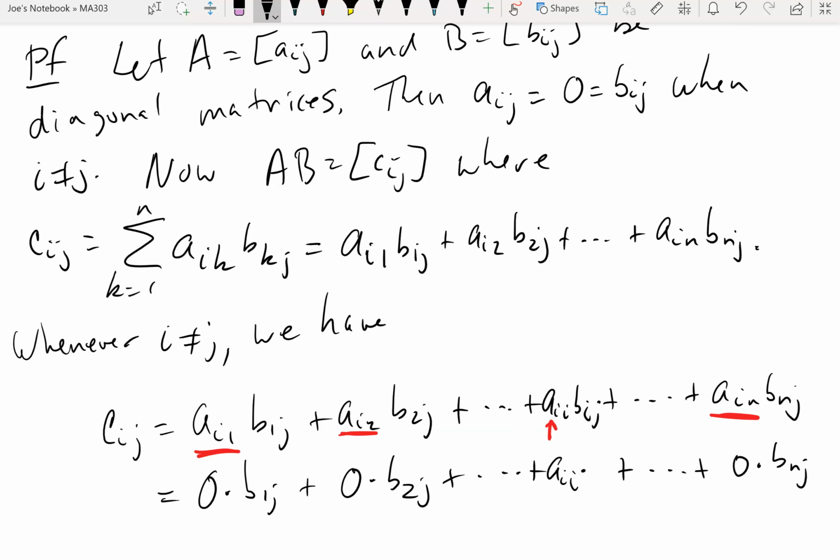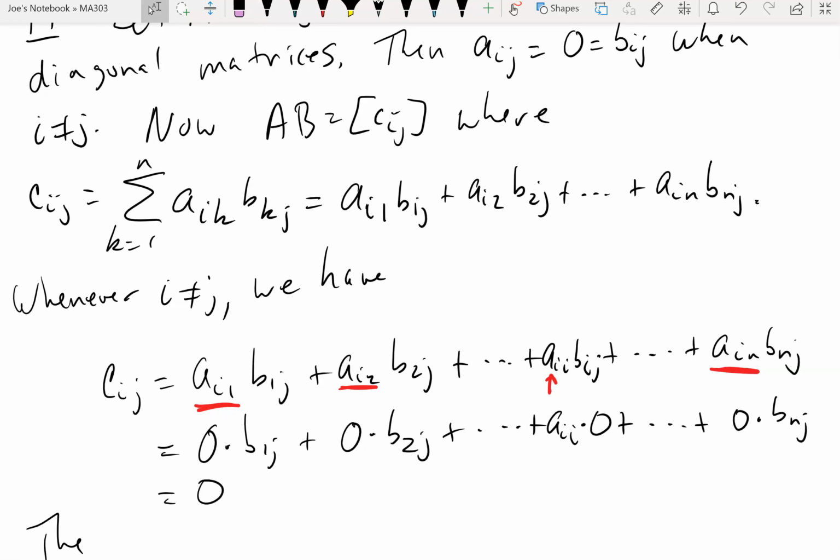Yeah, they're all 0s except for b sub jj, correct? Is this b sub jj? No. This is b sub ij, right? So what do we know about this entry then? 0. It has to be 0, yeah. So this one is 0. So what does the whole entry have to be then? 0. Good.